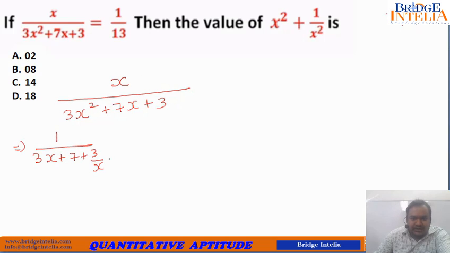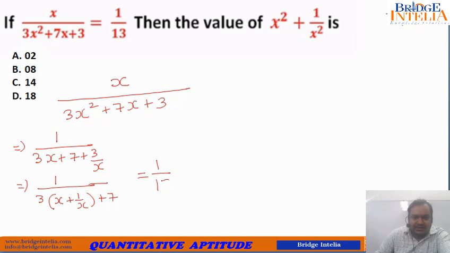Okay. So now this can be rewritten as 1 by (3 times (x plus 1 by x) plus 7), if you take 3 as common. So this is given to us as 1 by 13. So now let me name this part as delta. So from here it is clear that 1 by (3 delta plus 7) is equal to 1 by 13.